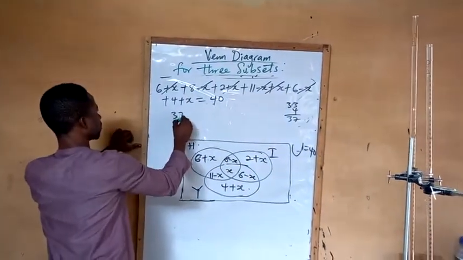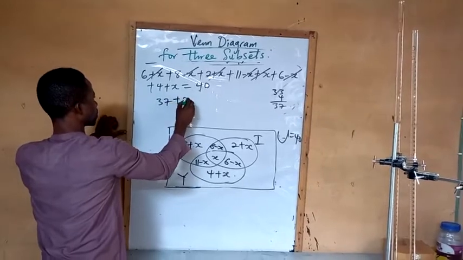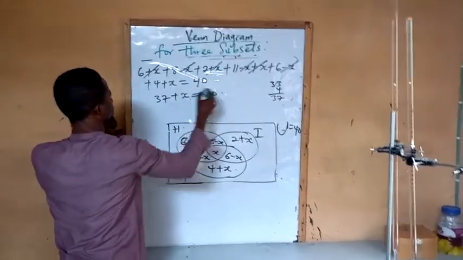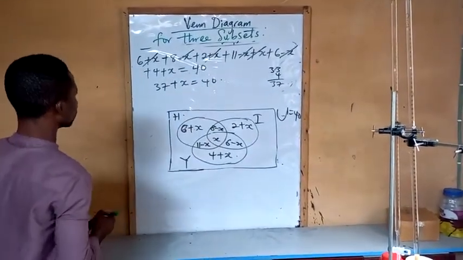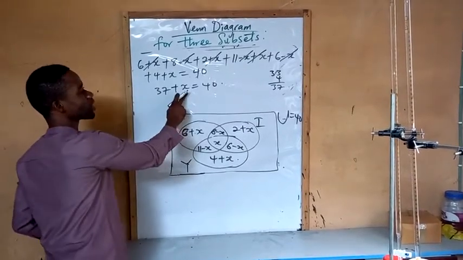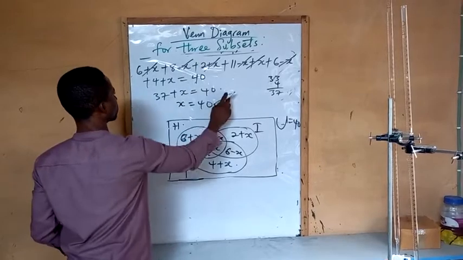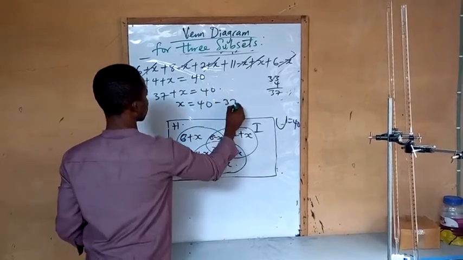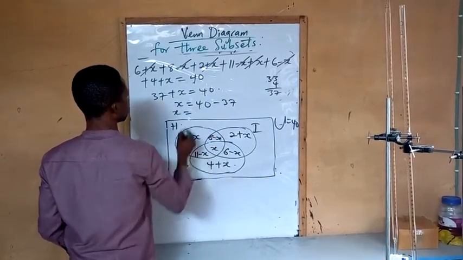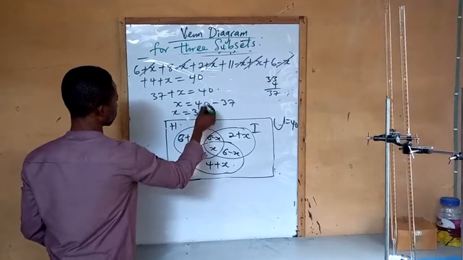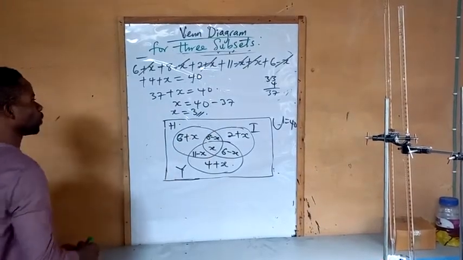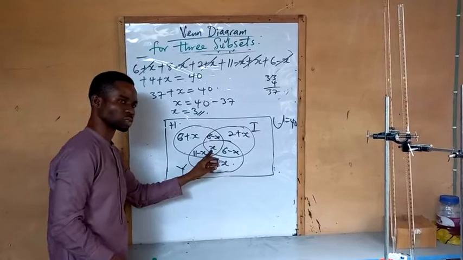That is 37 plus X equals 40. So you make X the subject of the formula. X equals 40, and when you bring this one to the other side, it becomes minus 37. That's X equals 3. So the number of people that speak all the languages is 3.